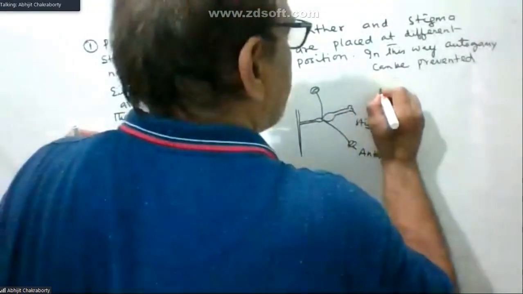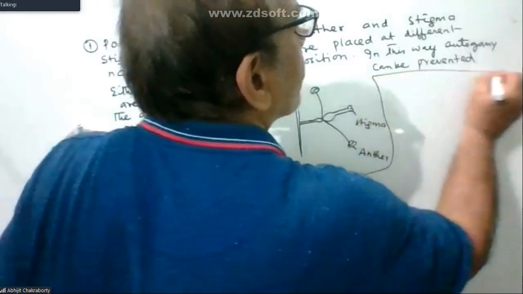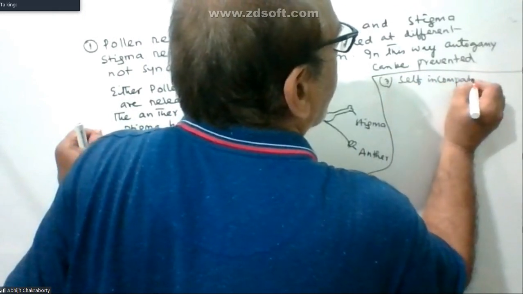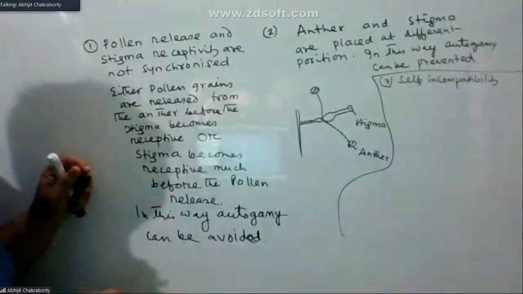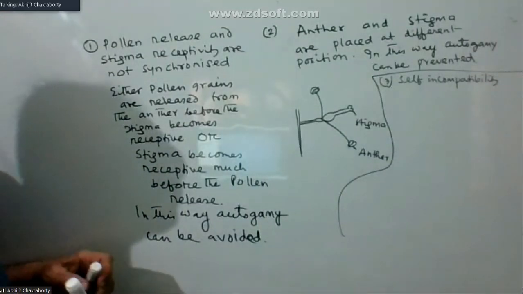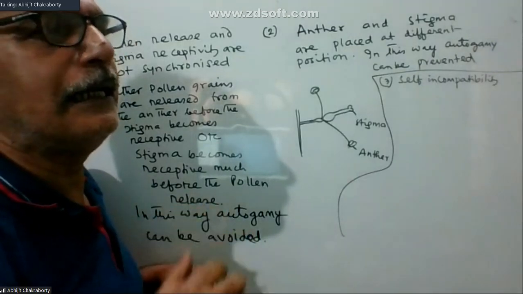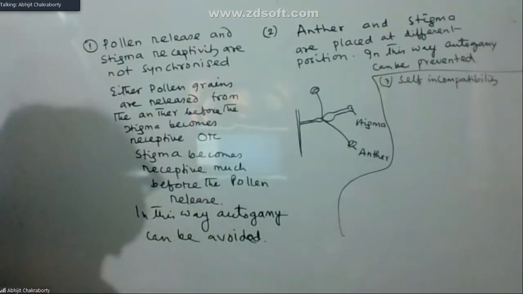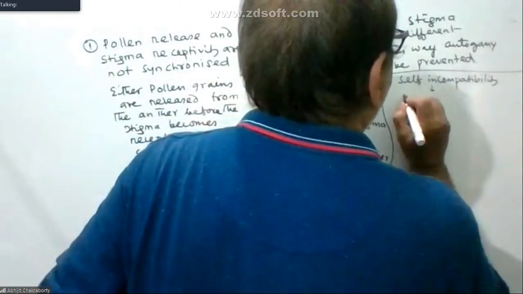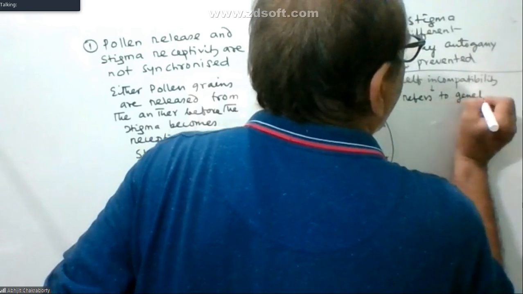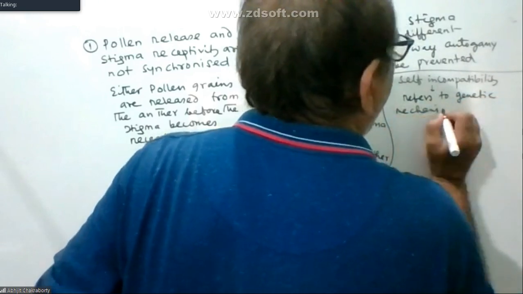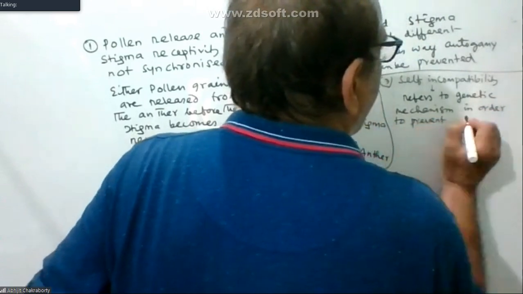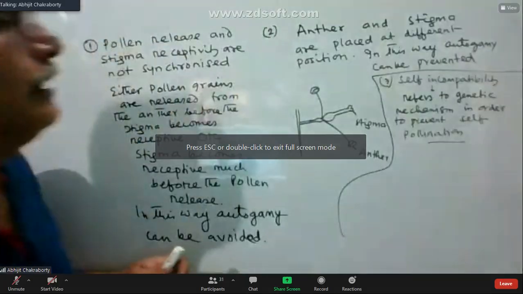Now, third one. Self-incompatibility. In order to avoid self-pollination, there is a genetic mechanism to prevent self-pollination.